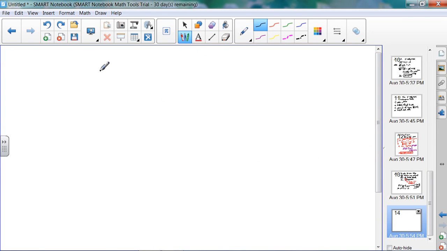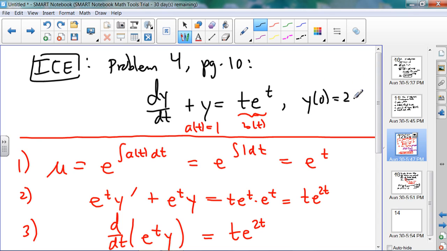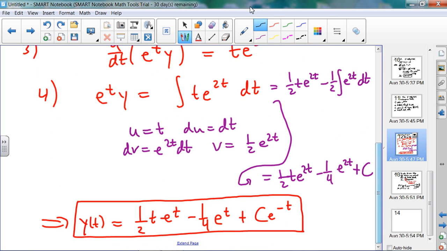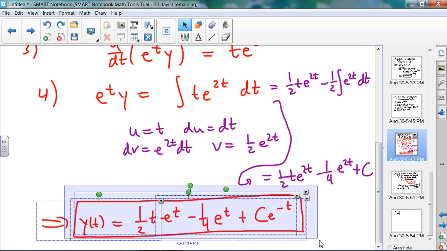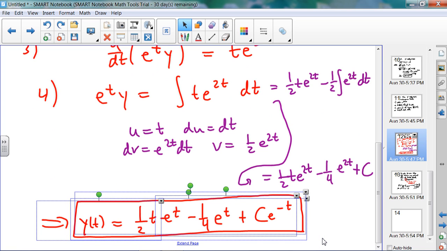So let's talk now about the second part of that problem. If we go back there, you'll notice that there's a bit that I said we would skip initially, and that's the initial condition. So let's go back and see if we can apply it. Let's take the solution that we had derived, and maybe it will let me copy all of it.